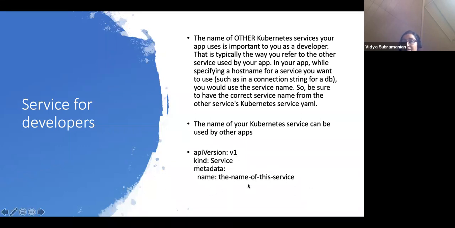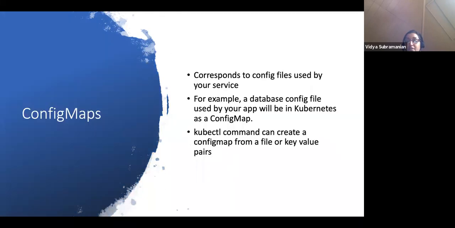This is the name of the service that you want to be paying attention to. For example, in your app, when you are specifying a host name for a service, let's say the connection string for a DB, you would use the service name. So you want to be really careful as a developer to use the correct service name for the corresponding service in your service YAML.